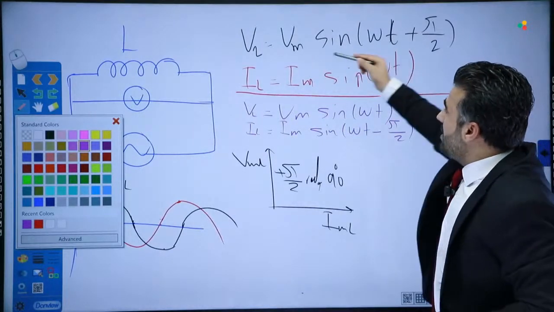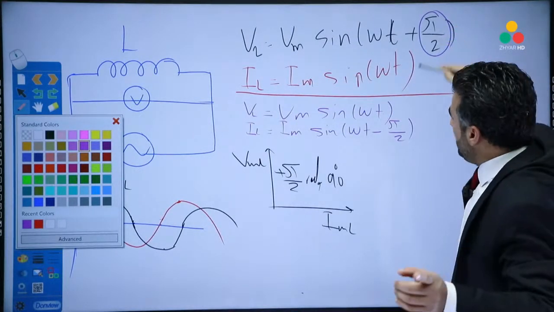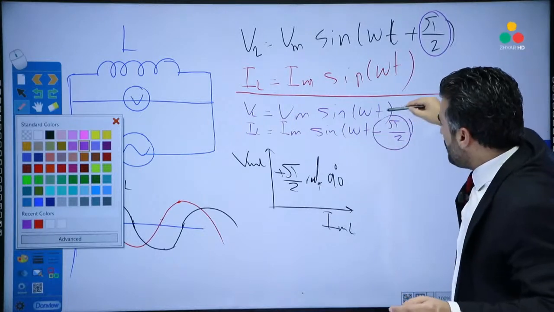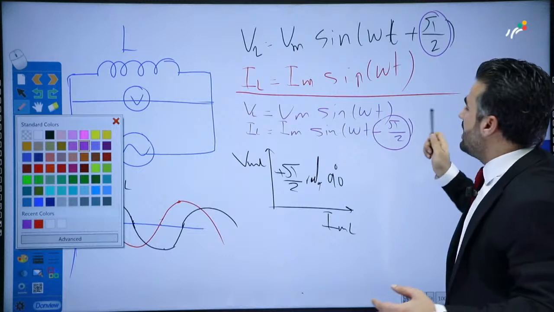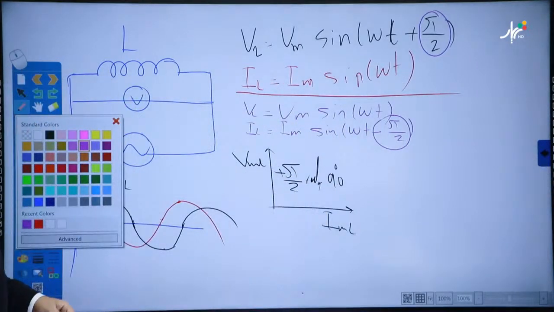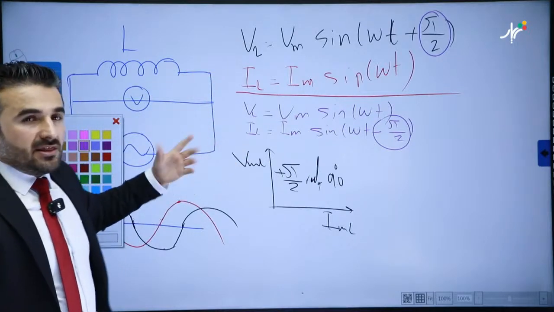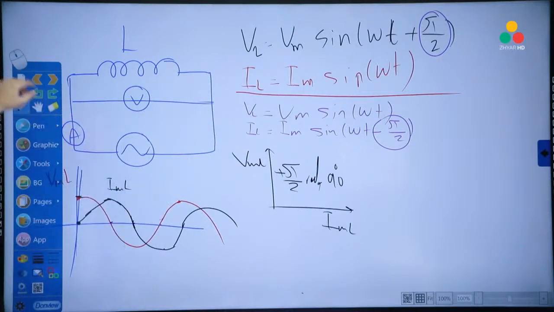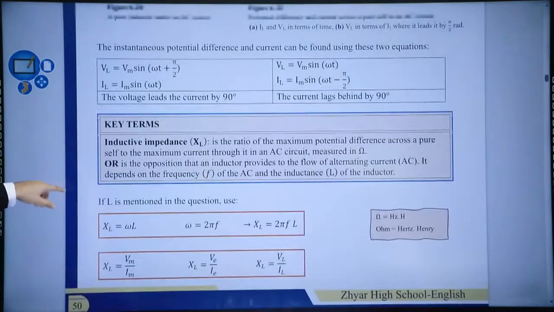We'll either say the voltage leads by pi over 2 or the current lags by pi over 2, and that is 90 degrees. These are the equations for the instantaneous current, the current at every instant. This is how it can be found.